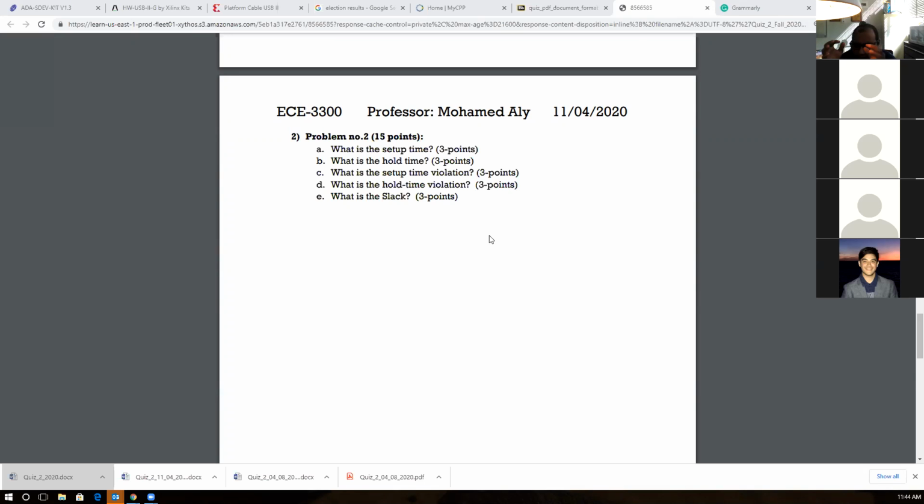Basically why setup time is important, why hold time is important, the main definition, but in real life, why it's important. And if you notice, everything is already pointed with a breakdown, 3 points, 3 points, 3 points, total 15.